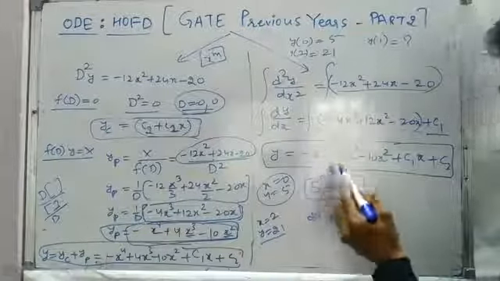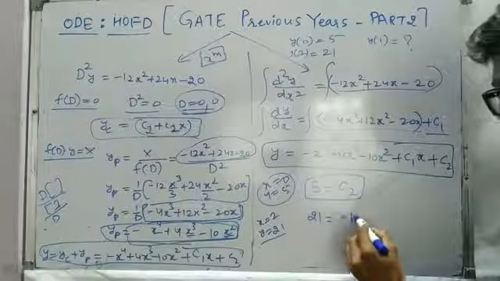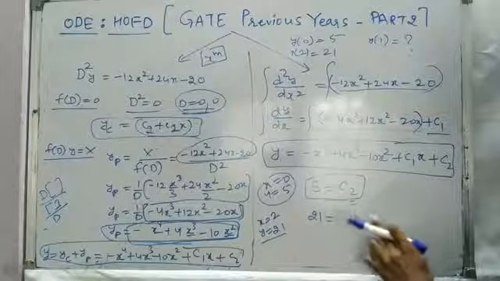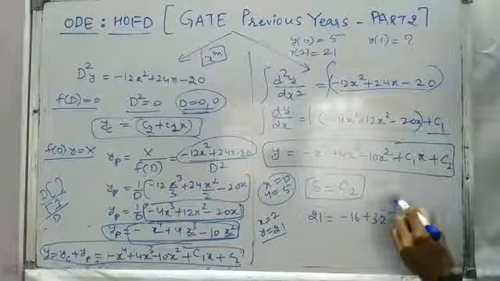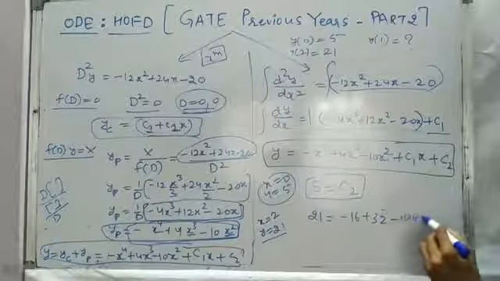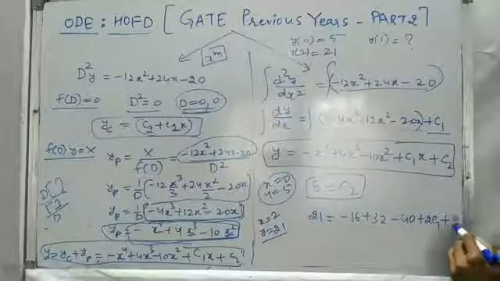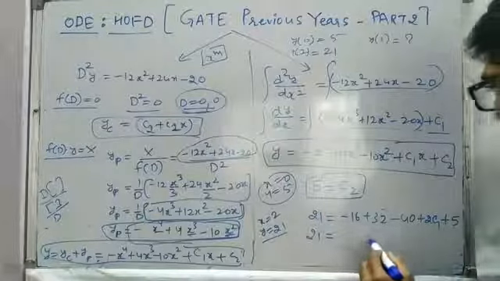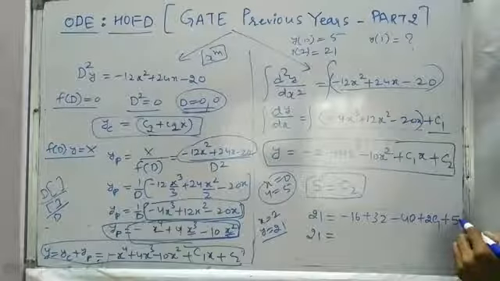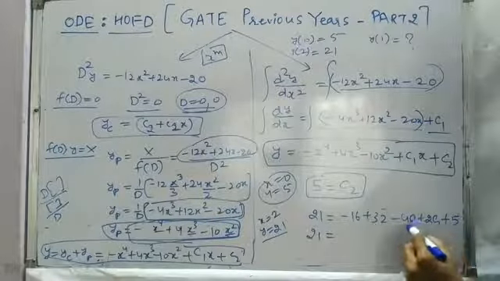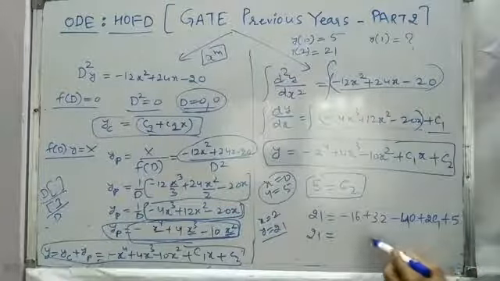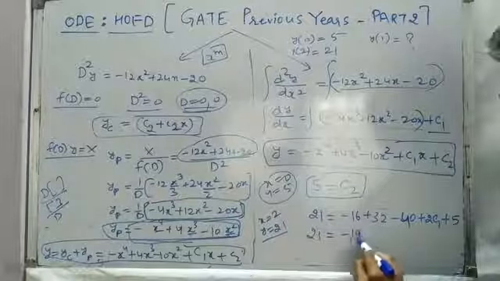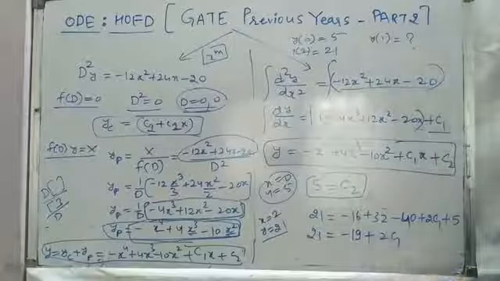So 2 power 4 is nothing but 16, minus 16, and 2 power 3 is 8, so 32, and minus 2 to the 4 into 10, that is 40, plus 2c1 plus c2, which is nothing but 5, right? So 21 is equal to 32 minus 16 is 16, and 16 and 5 is 21. 21 minus 40 is nothing but minus 19 plus 2c1, right?